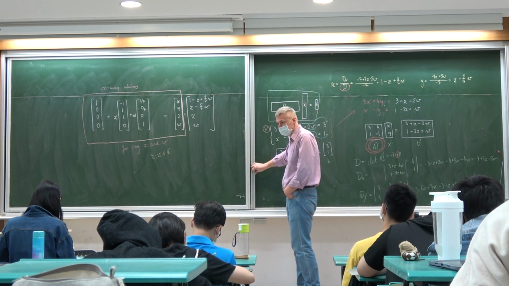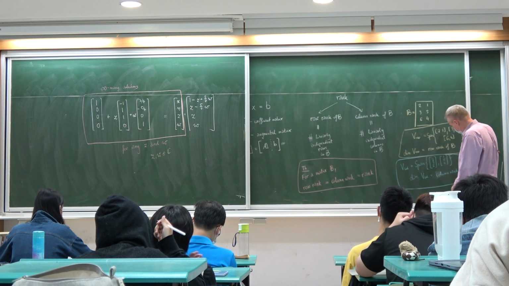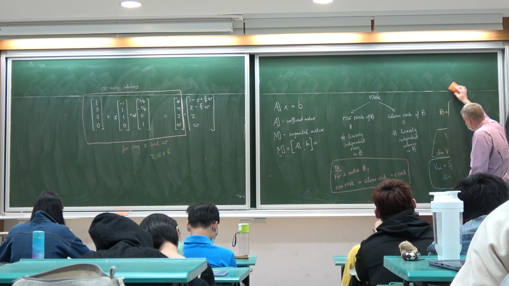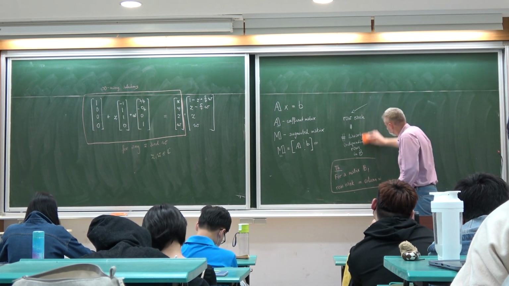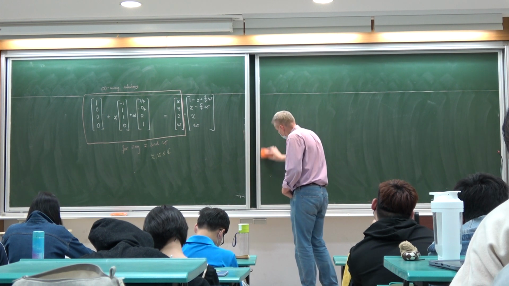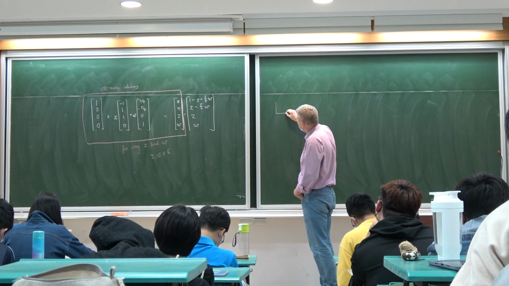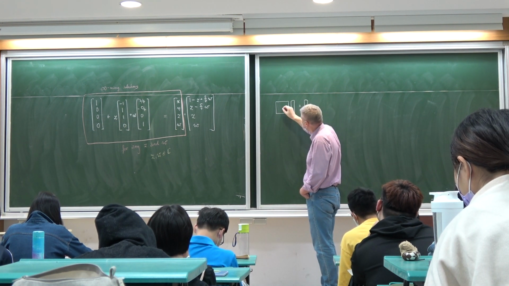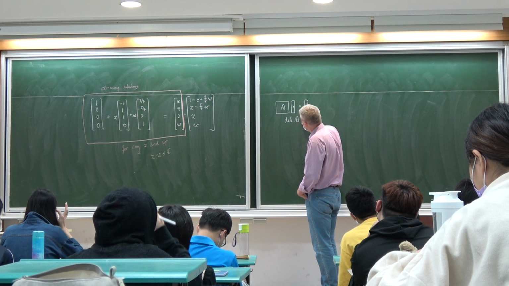Now we come back. So we had a situation when the matrix was square, X and B had the same size, and the determinant of this matrix was non-zero.